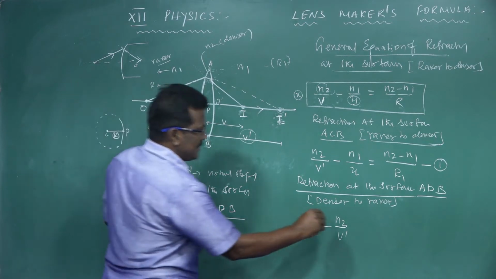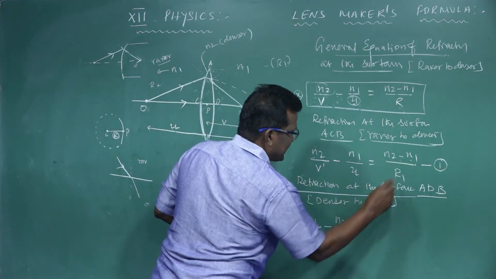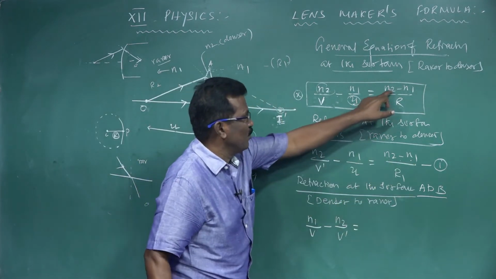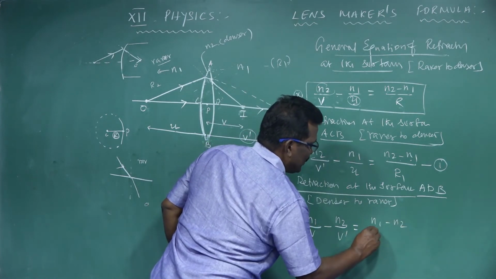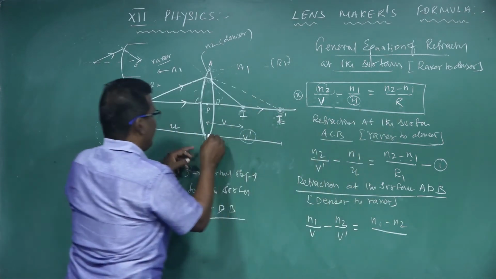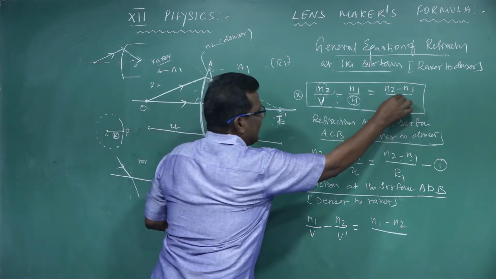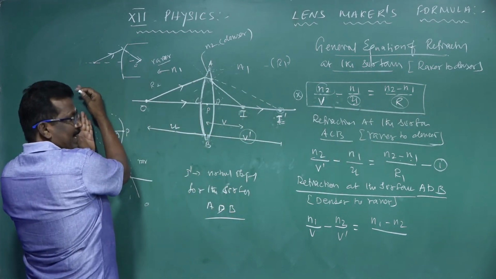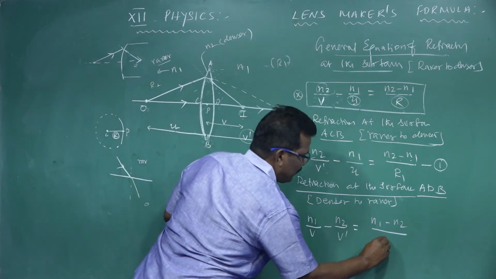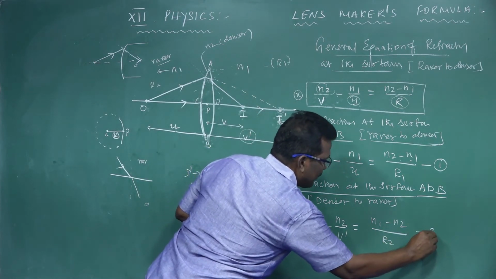V prime is equal to N2 minus N1, so change, N2 minus N1, N1 minus N2 divided by the radius of curvature of the second surface, R represents radius of curvature. For the surface ADB, the radius of curvature is in the opposite direction. So that is R2. Keep it as equation number 2.